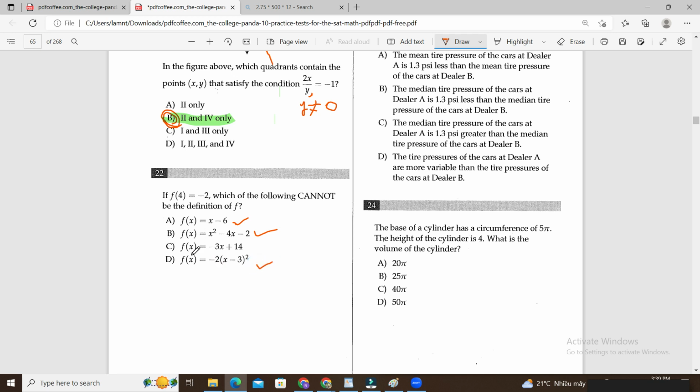But for C, -3 times 4 is -12, and -12 plus 14 is 2. It's 2, not -2, so the answer is going to be C, because C is the different one.